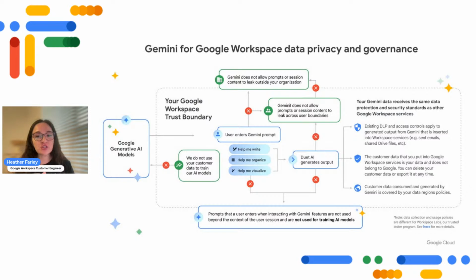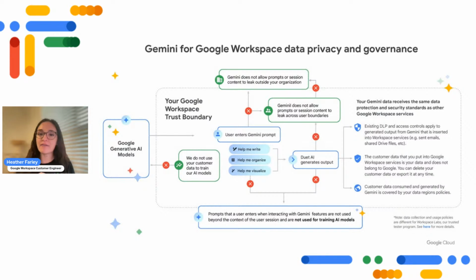So something that I mentioned earlier is there are not a lot of technical hurdles that you have to meet in order to be able to deploy Gemini for Google Workspace. As long as you already have security standards in place to protect your other Google Workspace services, for example, having the correct access and permissions set up for Google Workspace. Do you have data protection rules for your sensitive data?